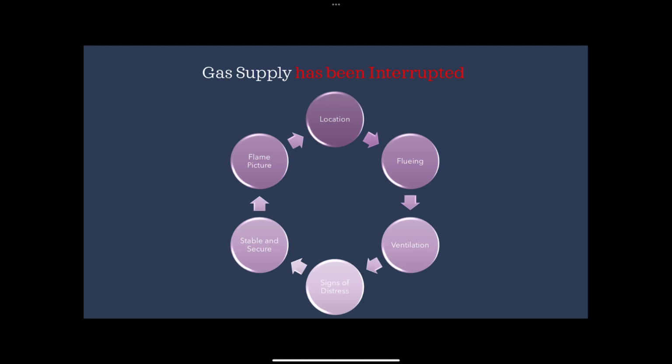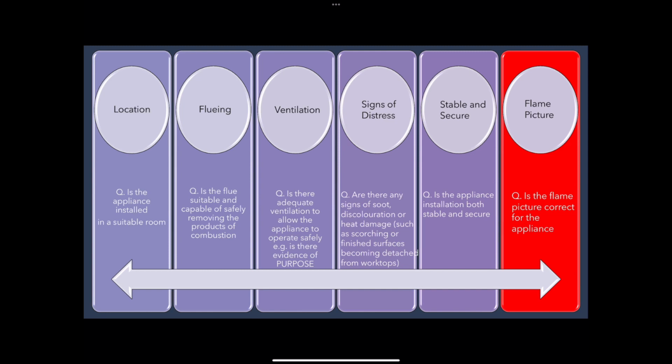But because you've interrupted the gas flow, the gas supply, you must turn the appliance on and check the flame picture. You should all know by now the correct flame picture for different appliances, and that's the only difference between the gas supply not having been interrupted and one that's been interrupted.